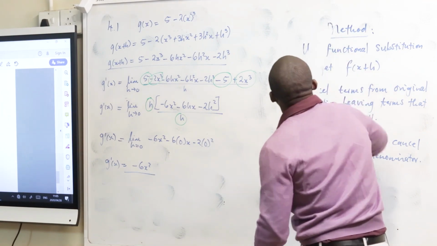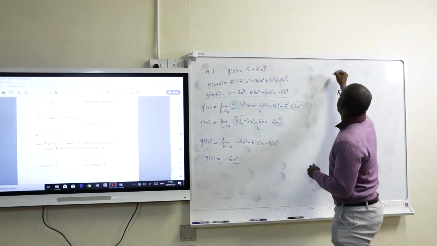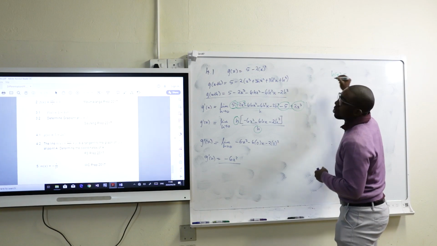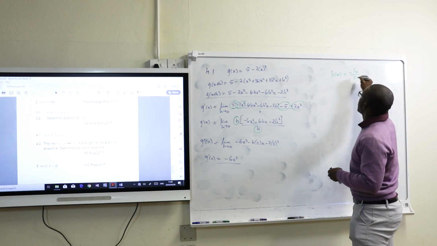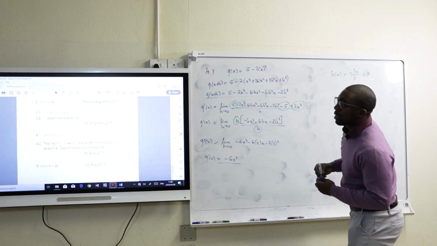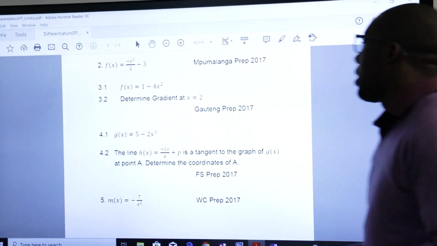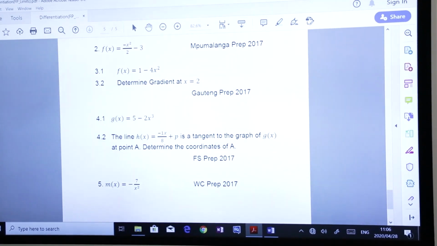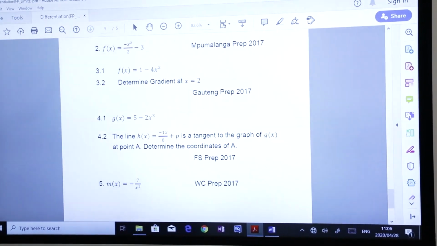Let's do the second part of the question. The line h of x is equals to minus 1 over 8 x plus p. Is it tangent to the graph of g of x at point A? The word tangent there implies that it's a gradient.